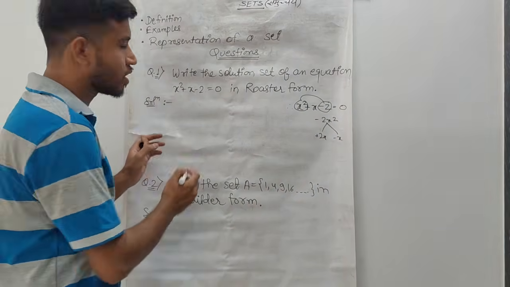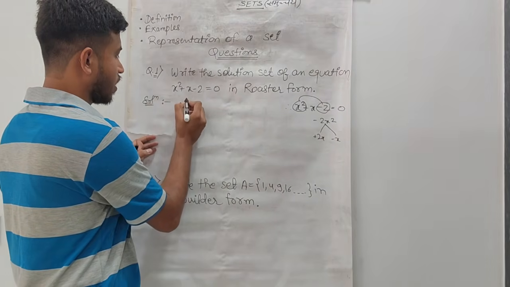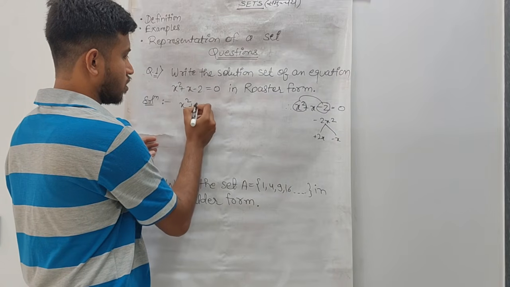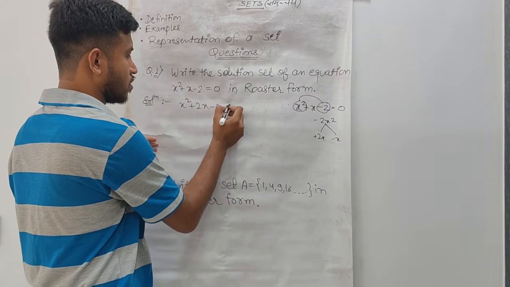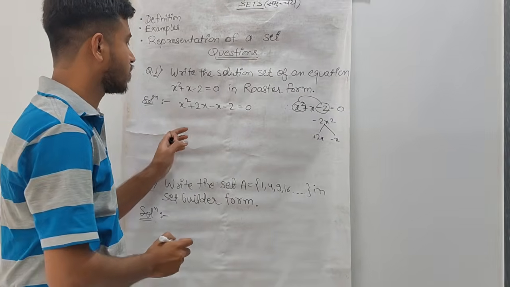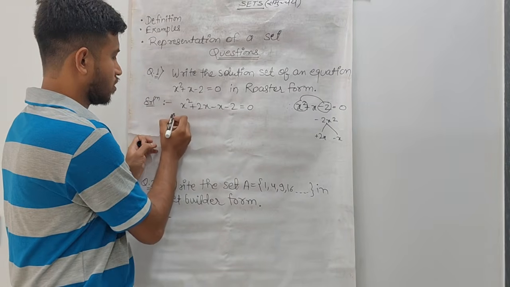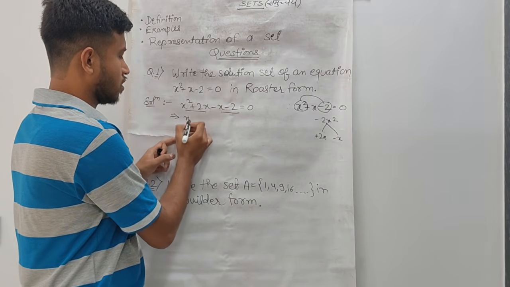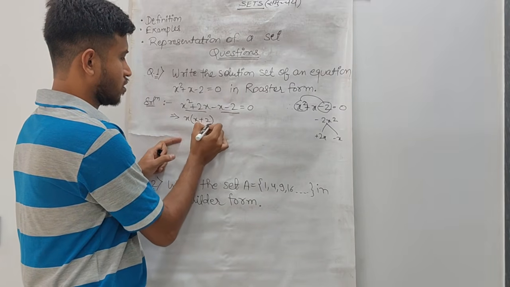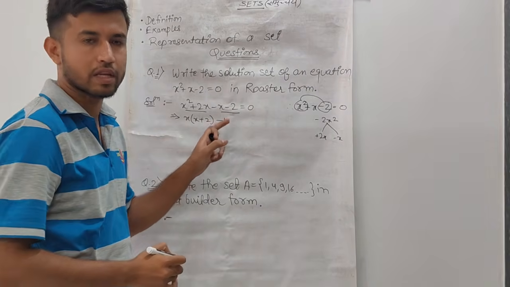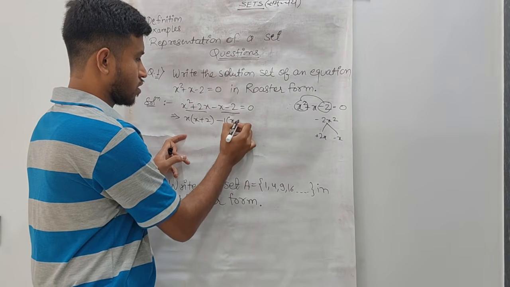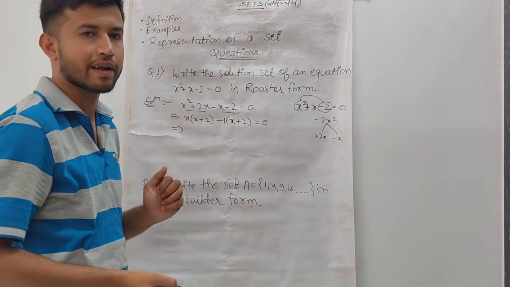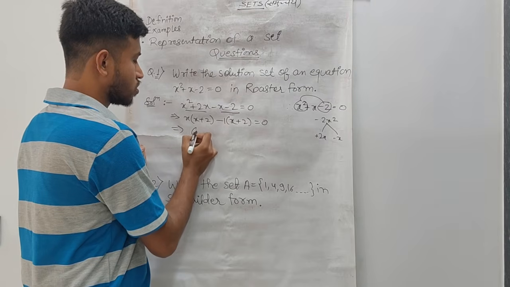Now the equation can be written as x square, take common x, and here we will take common minus 1. What will we get? x minus 1 and x plus 2.